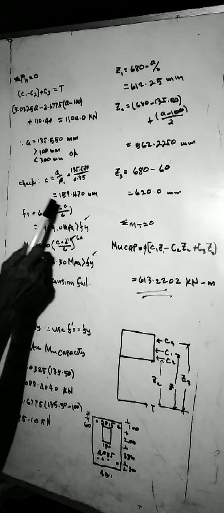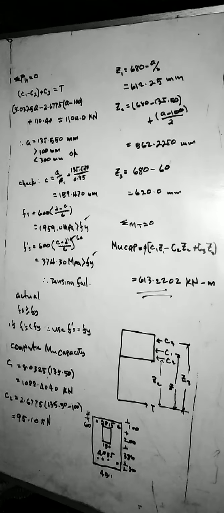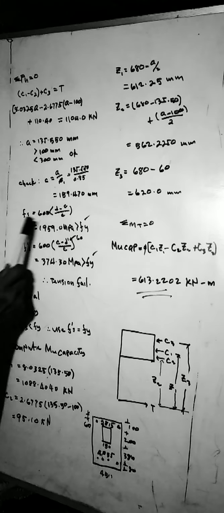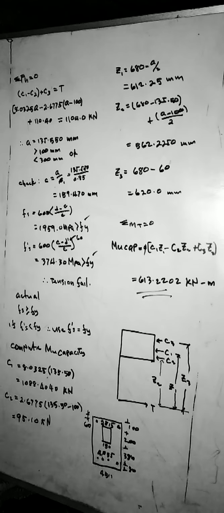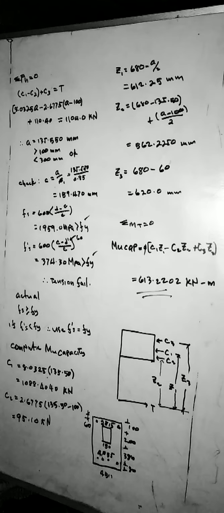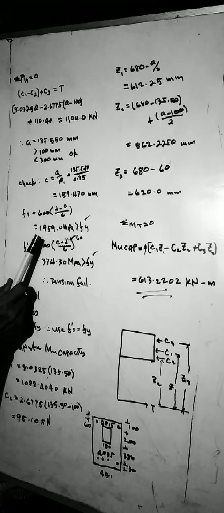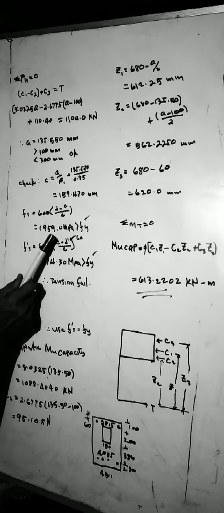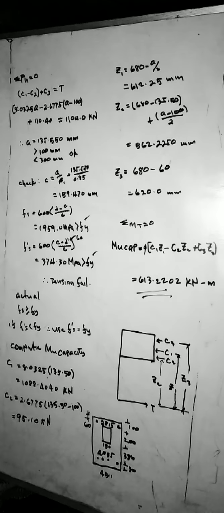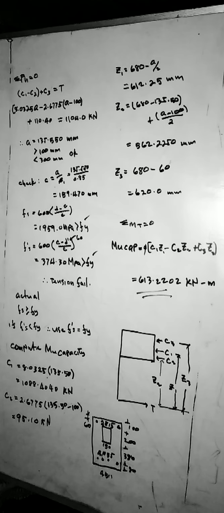Computing this, c is 159.470 millimeters. From the previous videos, we have this equation for fs: 600 times (d minus c) over c. Substituting the value of c will give us 1959.0 megapascals, which is correct because this is greater than fy. That is okay.